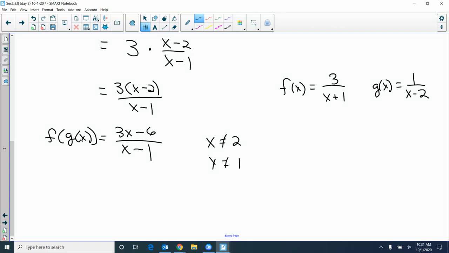All right, so those are two things. Now our domain is everything but those two numbers. Your domain is negative infinity to 1, union 1 to 2, union 2 to infinity. Okay?